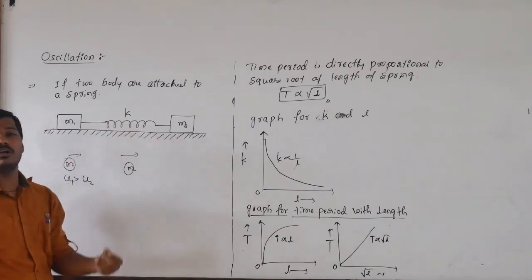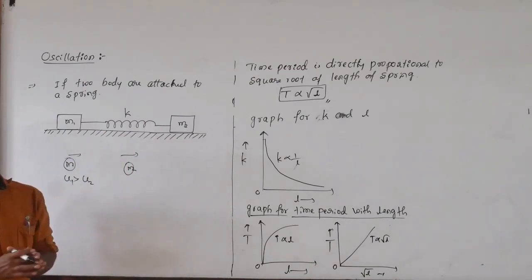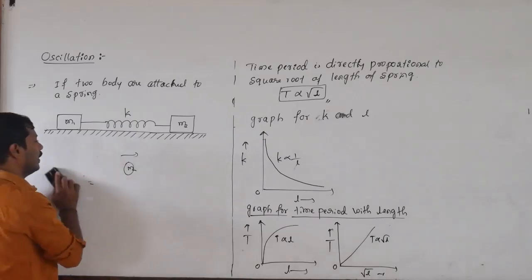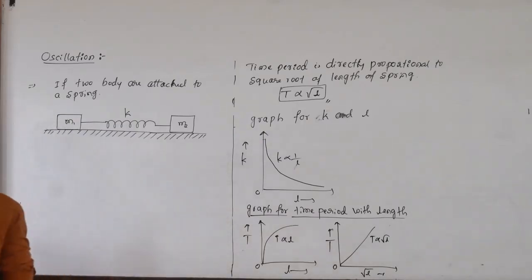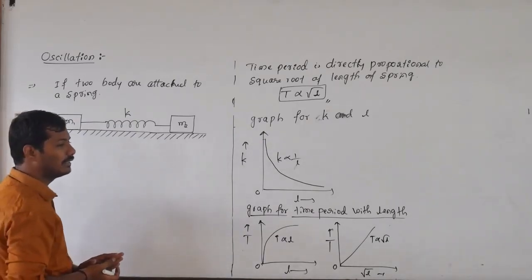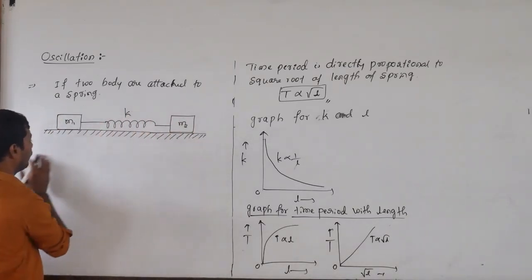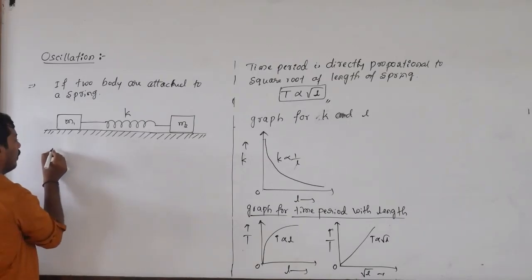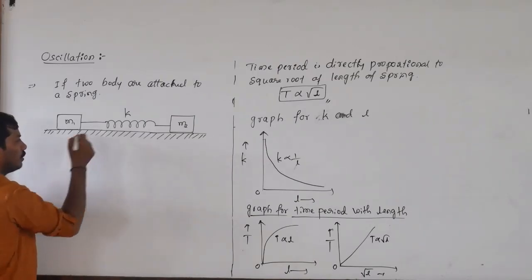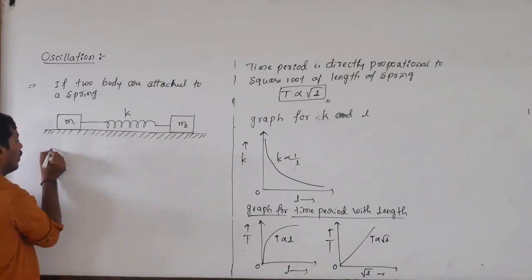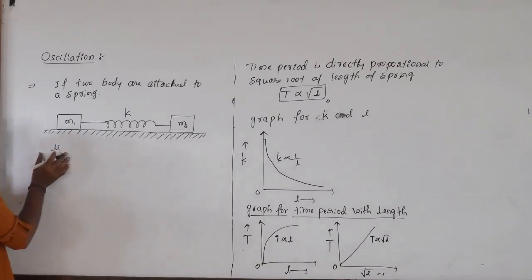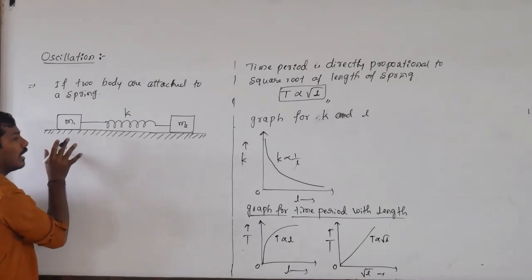At that situation, what about the total mass of the combination? The total mass of the combination was already derived in that chapter. That is called the reduced mass. If two masses are there, we have to derive a combination of the two masses. Now, mu is the total mass, or it is called the reduced mass.